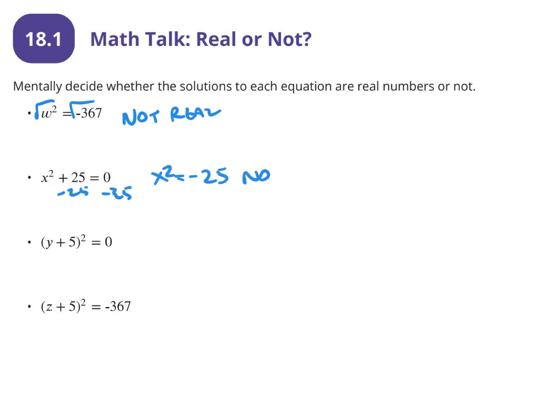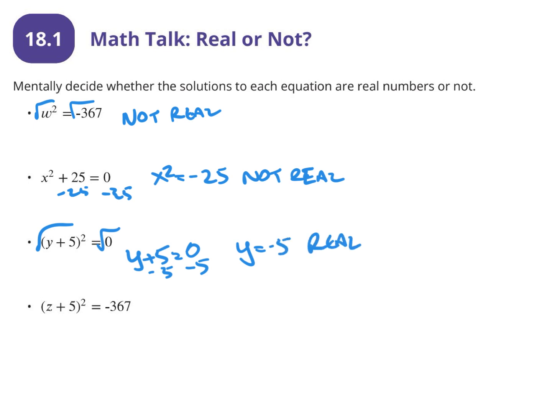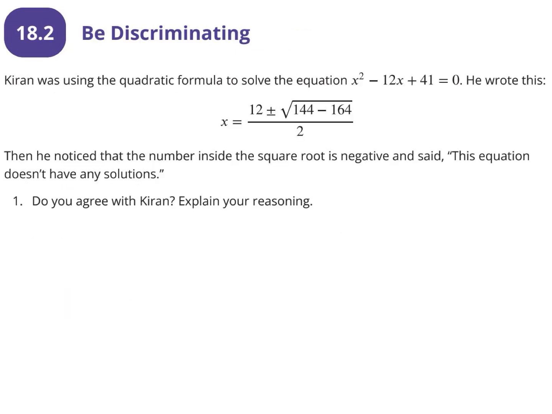This will give you not real solutions. We can take the square root of this, and y plus 5 equals 0. I subtract 5, I get one real solution. So this is real. And again, when we take the square root of a negative number, it's not real. So these are non-real solutions for 3 out of 4 of them.